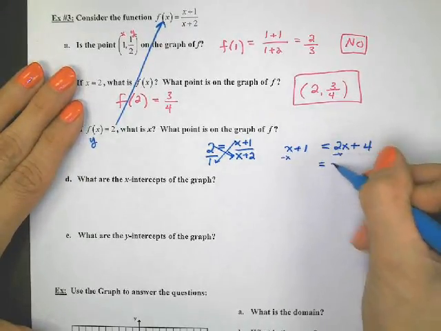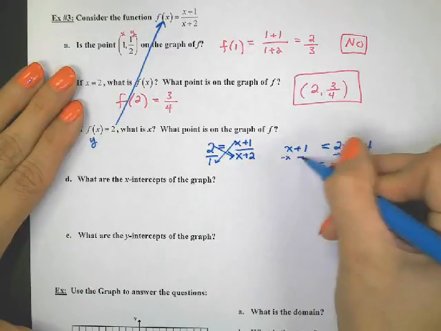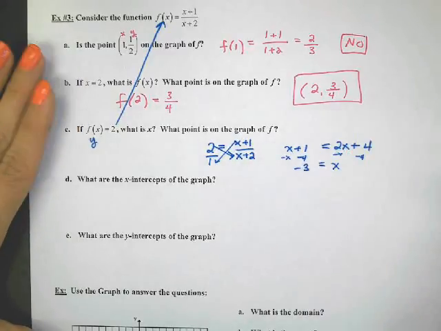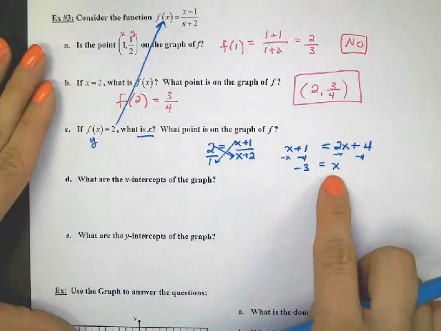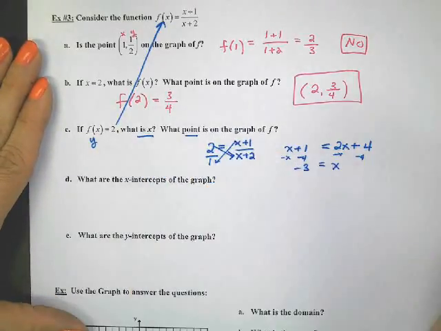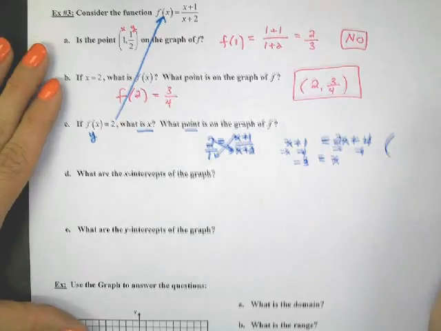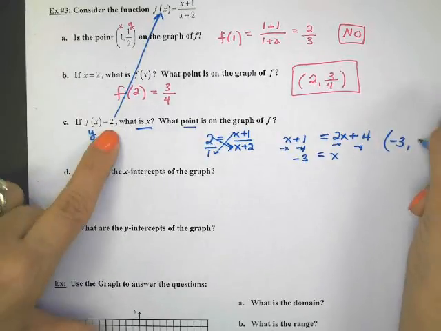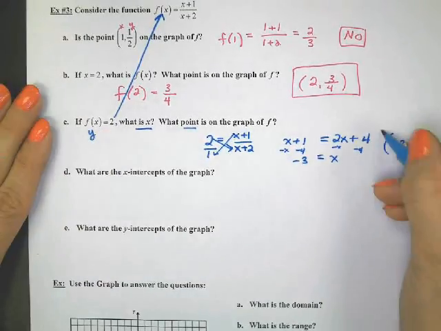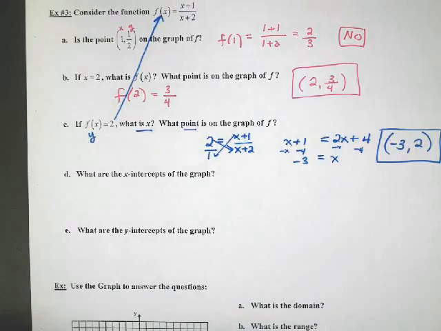Minus x, that's x. Minus 4, I got -3. So it says, what is x? x is -3. But then it says, what point is on the graph? So give me an x, -3. Give me a y. The y value was 2. That's the point on the graph.